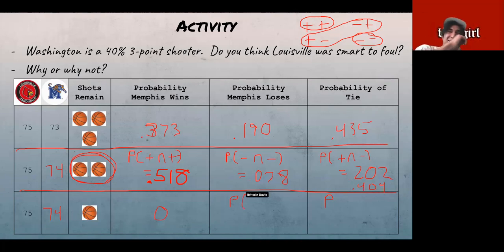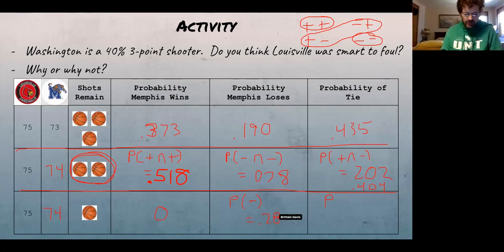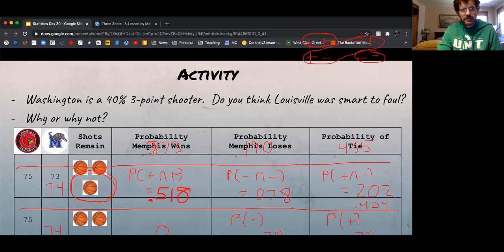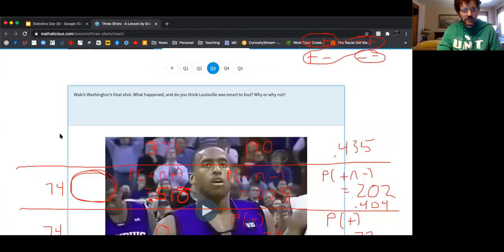There it is. It's a 0.28. So now it comes down to 1 shot, and maybe it's not fair to say the probability that he loses, but his team loses. That's got to be a lot of pressure. So there we go. Now we come down to this. Still looking good. Did he pull it out? Let's see. I know you guys are just biting your nails trying to figure out what happened 15 years ago.